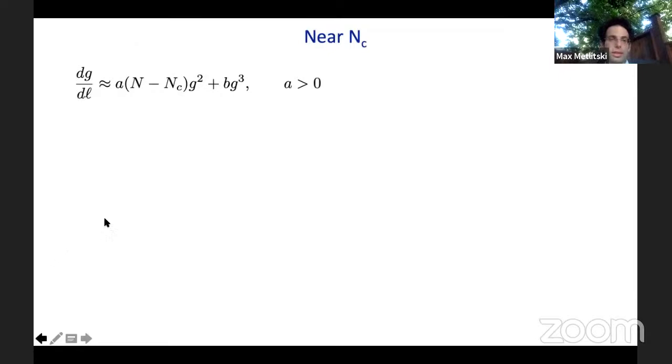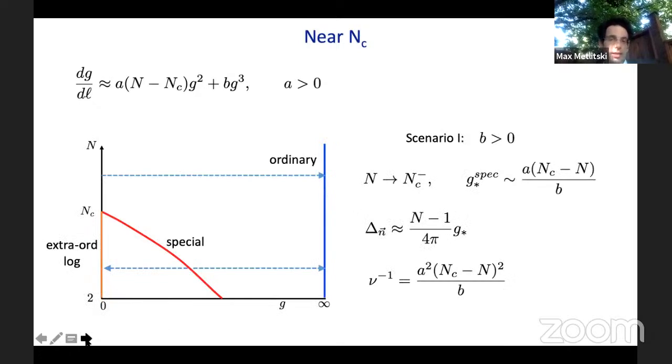Well, really, when n is equal to nc, the leading term in the beta function vanishes, and the physics is controlled by the subleading term g cubed. So physics really will depend on whether the coefficient of this g cubed term is positive or negative. Let's discuss both cases.